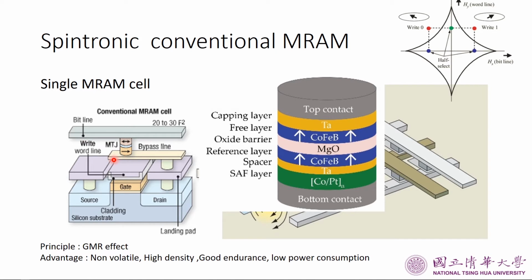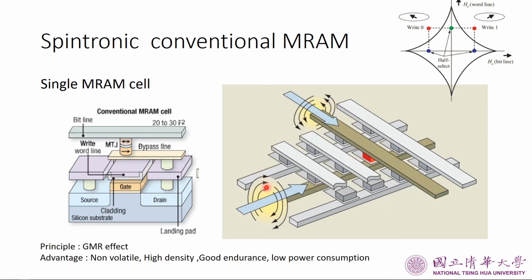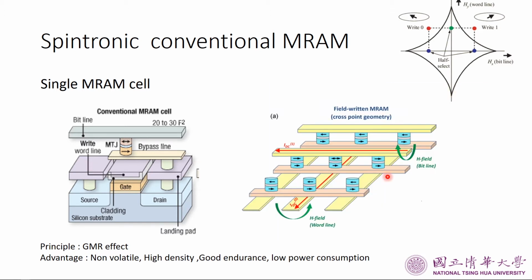Therefore, a magnetic field induced by the current can alter the magnetization of the free layer. If we want to read the data inside the MTJ cell, we can turn on the transistor and measure the current across the transistor. On the right-hand side is the structure of an MRAM array.